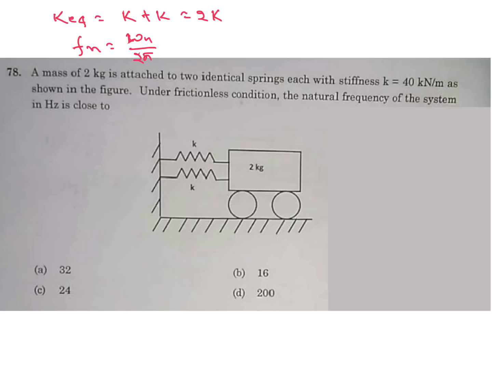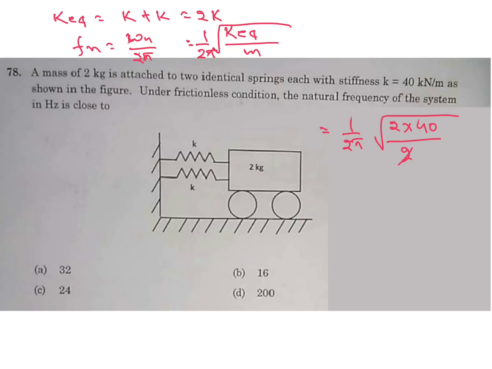Omega n we know, root of K equivalent by mass, then 1 by 2 pi. K equivalent is 2K, 2 into 40, mass is 2 kg, 2 cancels, so 40 root over by 2 pi, or if you take 2 inside, 40 by 4, you will get root 10 divided by pi.